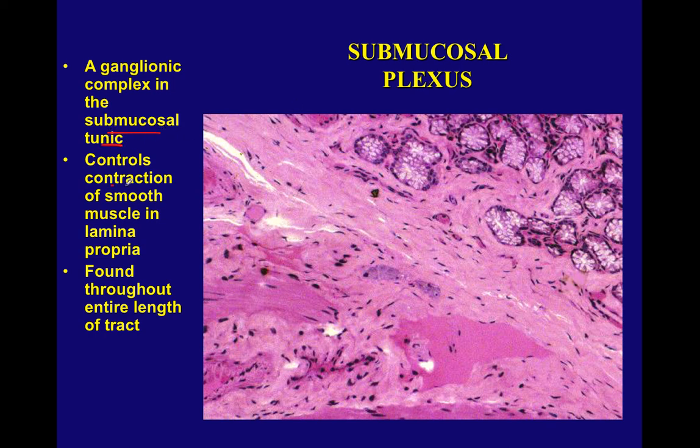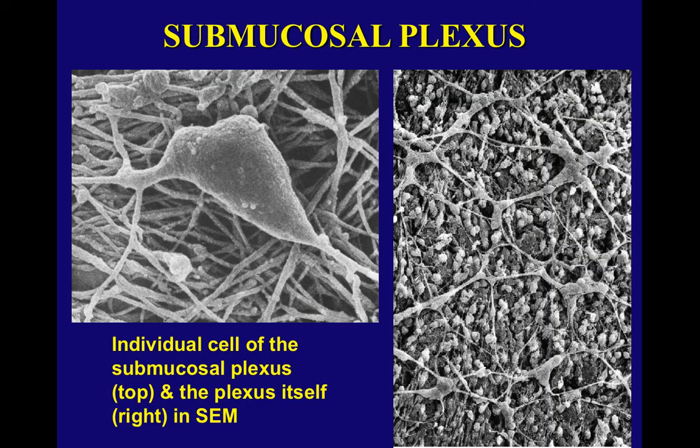It controls the contraction of the smooth muscle of the muscularis mucosa, this area here, and here is where we have the fibers. This is very important because we need it for mixing and movement of food through the GI tract. These are the cells with their fibers.